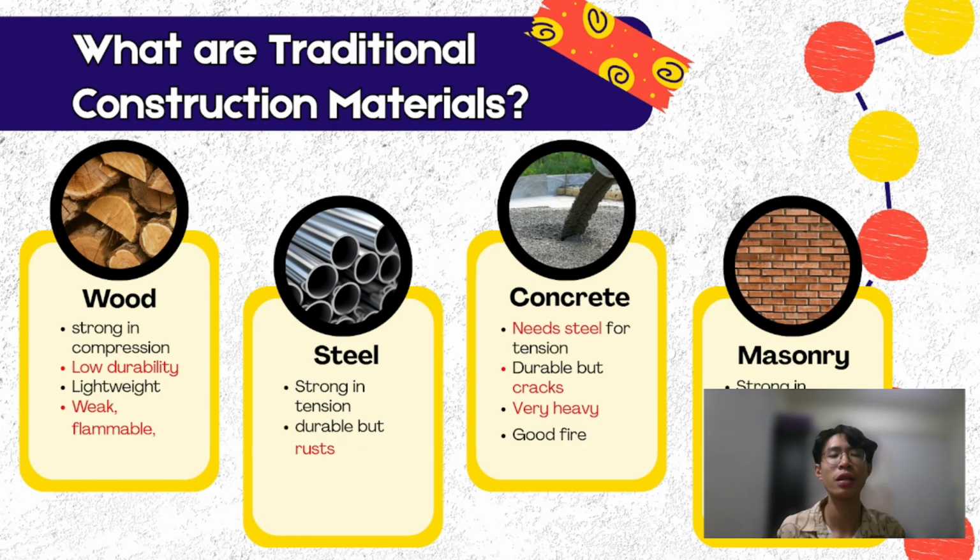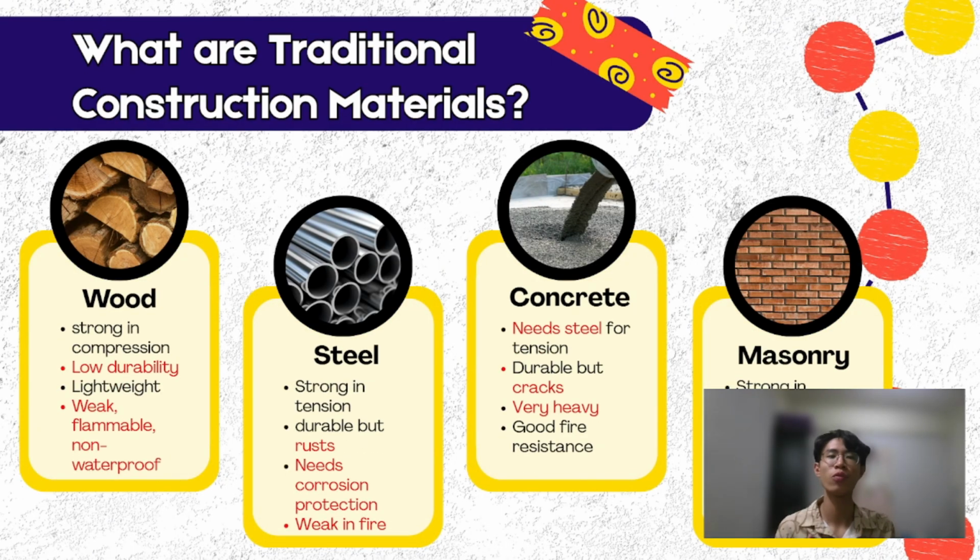Firstly, we are going to introduce the traditional construction materials, and there are 4 kinds: wood, steel, concrete, and masonry. For wood, the limitations are low durability, weakness, flammability, and being non-waterproof, although it is strong in compression and lightweight.